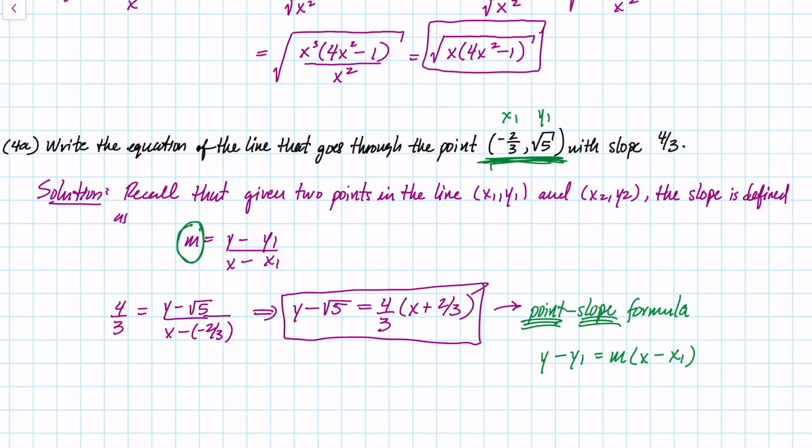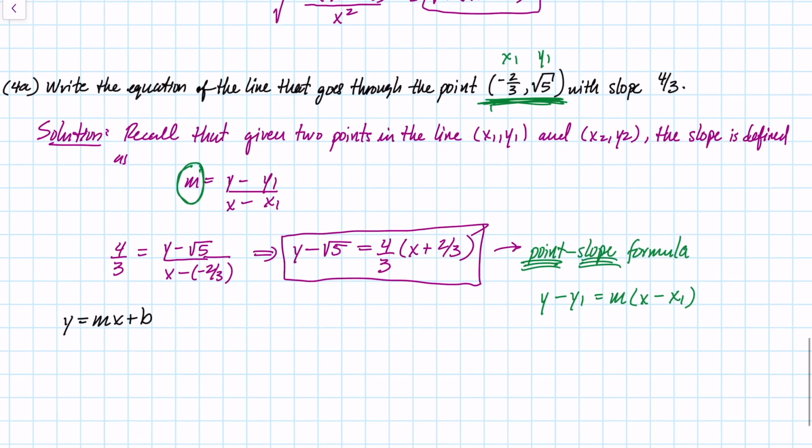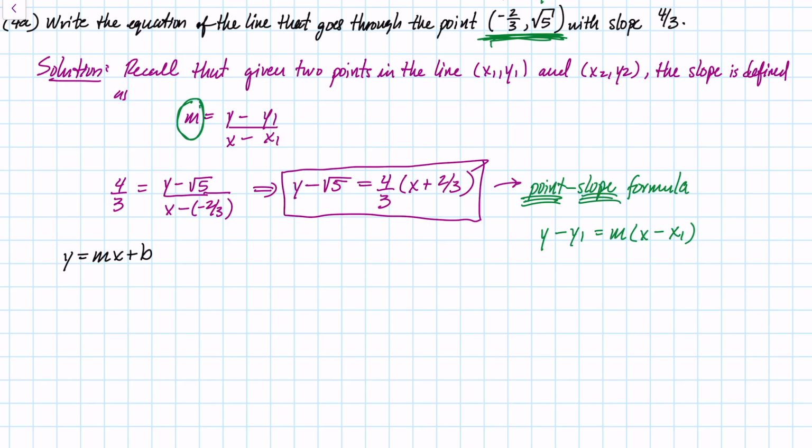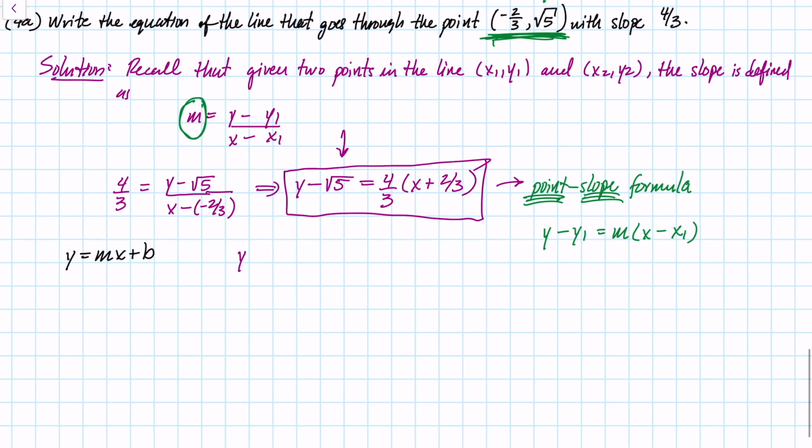Okay, so you can leave your solution like this, or we know that lines have the form y equals mx plus b. Okay, or we can rewrite this expression to have this form. So just as a review, I guess, let me just do that for you. So I'm going to write this expression in the form of mx plus b. All right, so this is going to be y minus square root of 5. So I'm going to distribute 4/3 here and here.